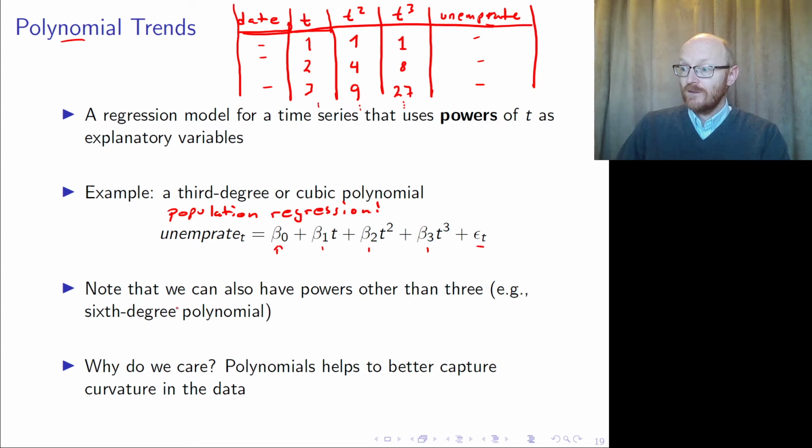But note that we can also have powers higher than 3.